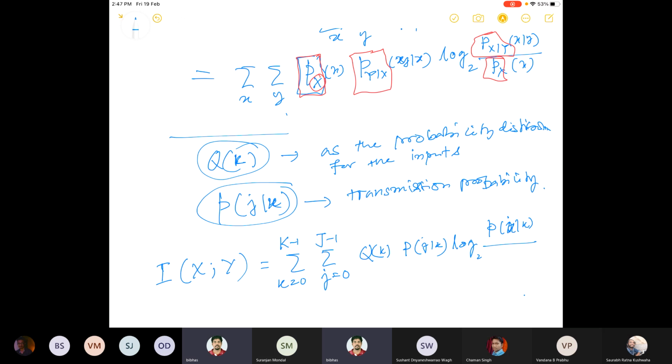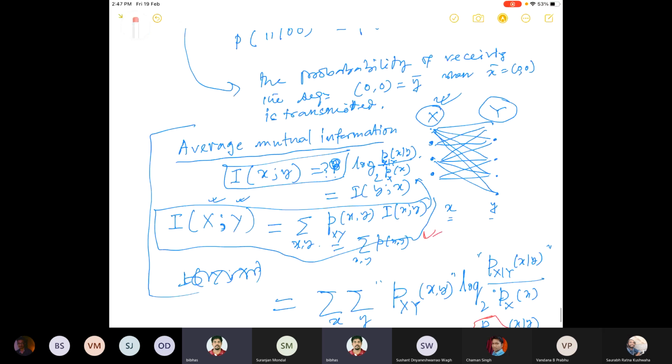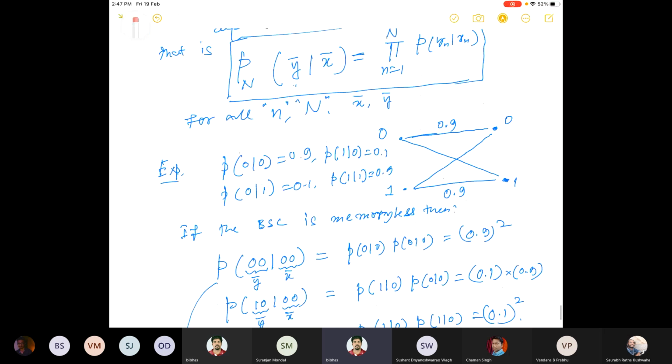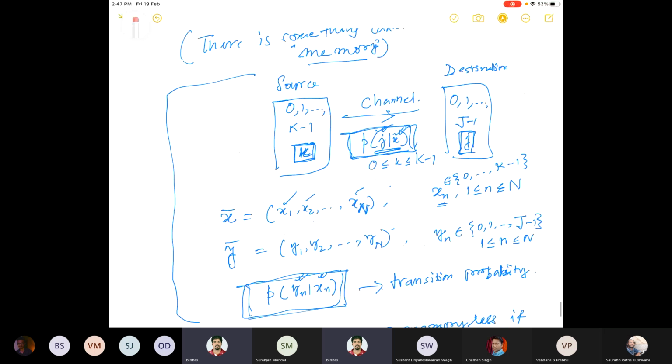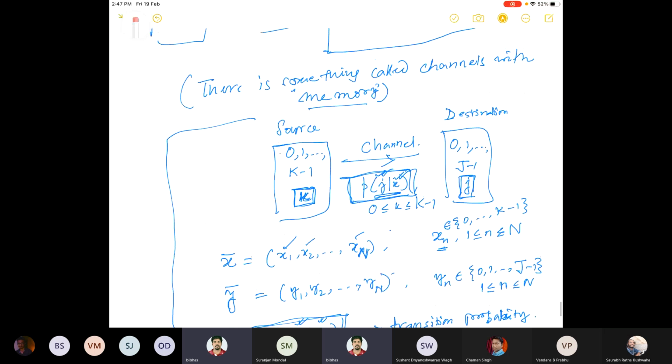Okay, is it k given j, right? What did we write? No, it is j given k, right?